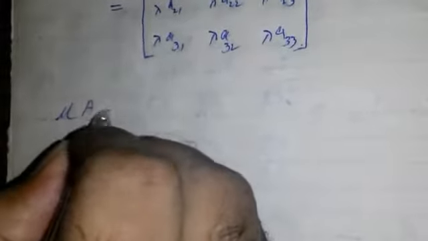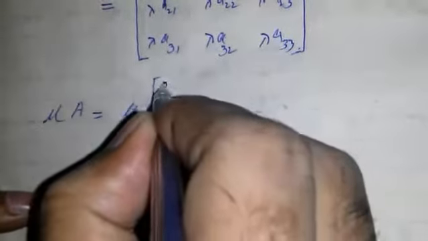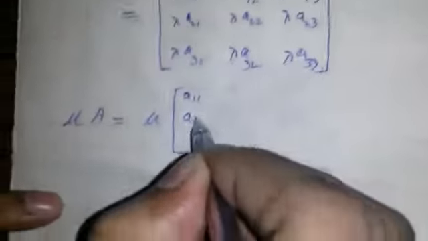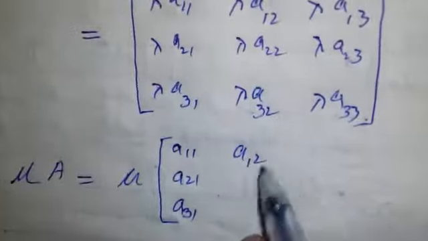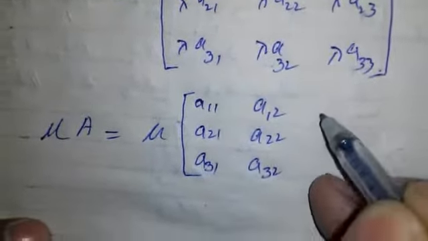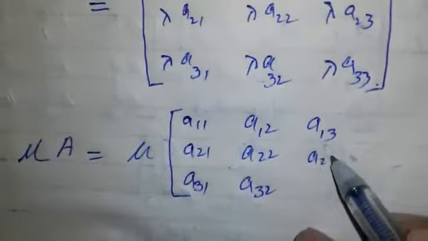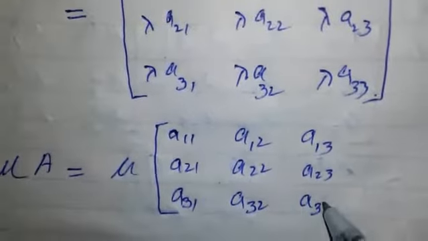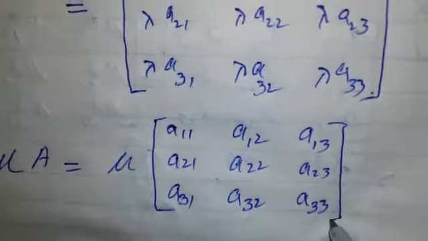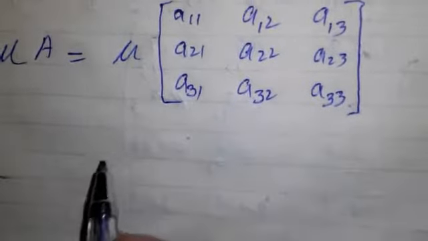Now mu into A is equal to mu into the matrix A11, A12, A13, A21, A22, A23, A31, A32 and A33, same as we took in the last.